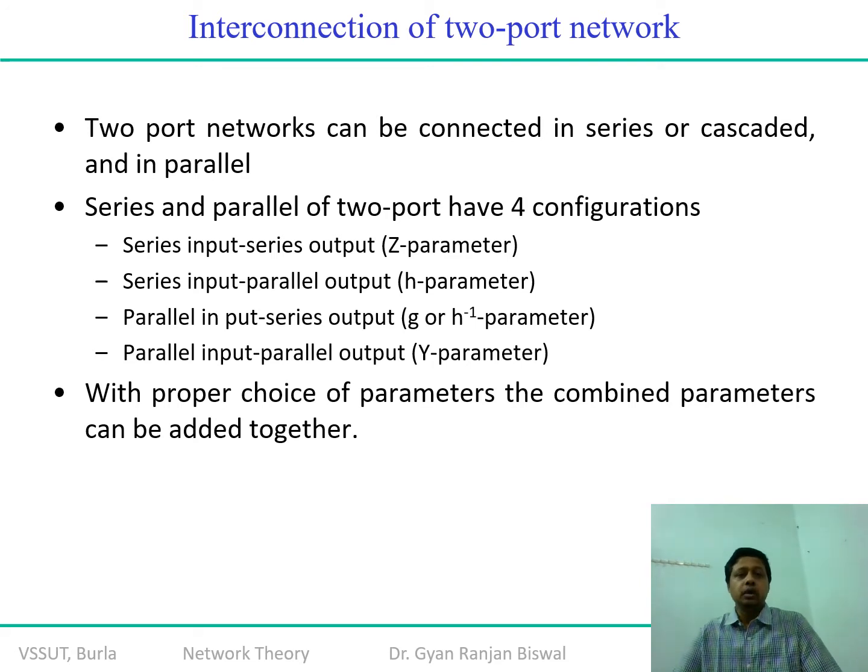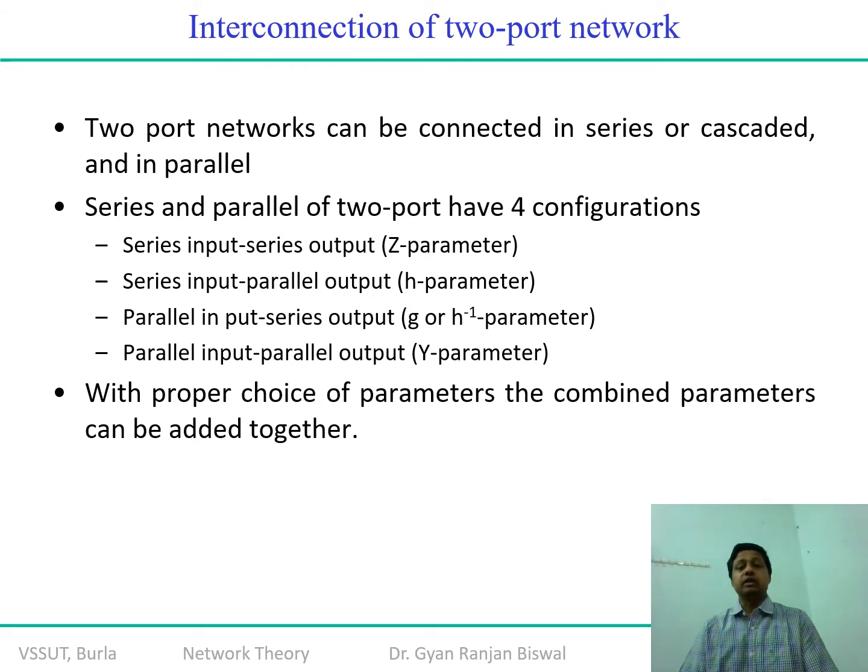In the remaining two, as I told you at the beginning of the last lecture, whenever there is a serial input and parallel output kind of interconnection, you should always prefer the H parameter. Why? Because the input mode of the H parameter is arranged in such a way that it duplicates the arrangement of the Z parameter, whereas the output port of any H parameter, or any transistor or electronic device, is a copycat of the Y parameter network structure.